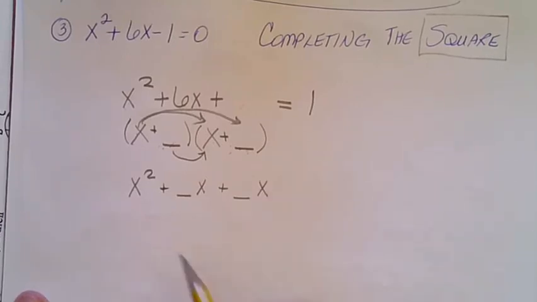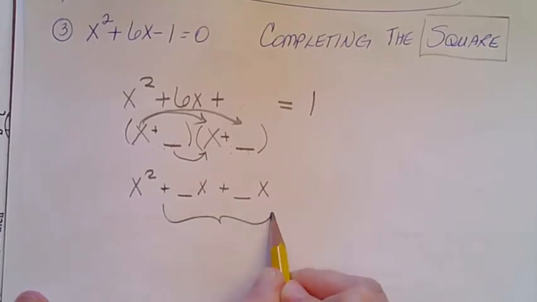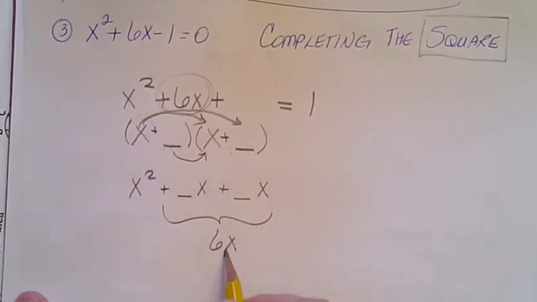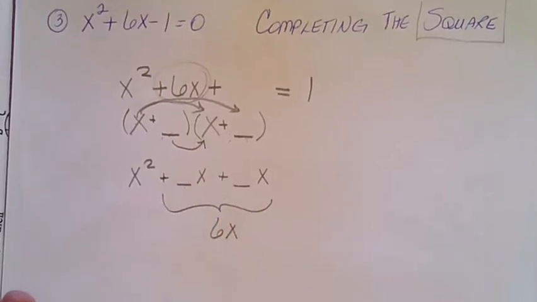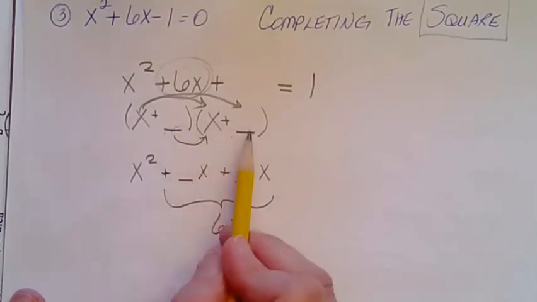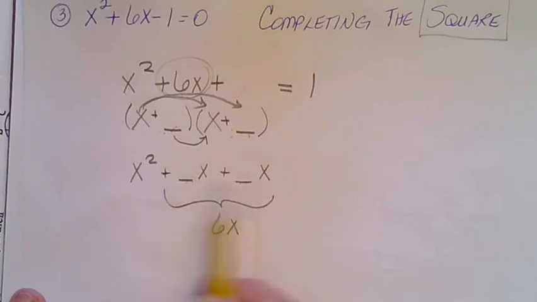But let's remember that when you combine terms here, you have to get this 6x. So we want to know what numbers should go here, and it has to be the same number. Must be the same number because we want this to be a perfect square. Same number here and here, so you combine and get 6x.